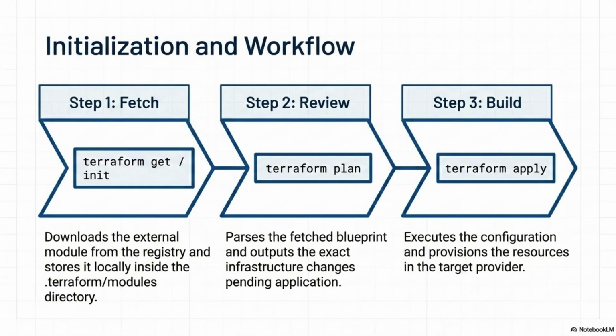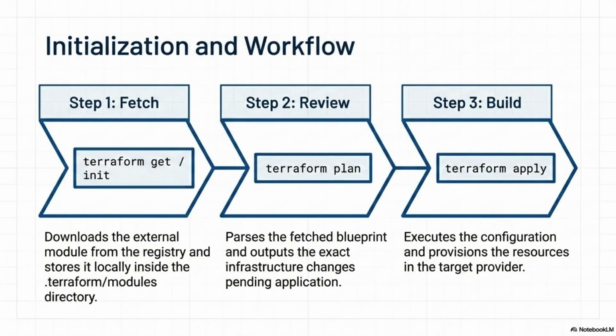Run Terraform plan. Terraform resolves all module configurations, applies variable inputs, and outputs a detailed preview of every infrastructure change pending. Read this carefully. It's your last checkpoint. Step 3. Build. Run Terraform apply. Terraform provisions all resources in the correct dependency order. Fetch. Review. Build. Get comfortable with this loop.